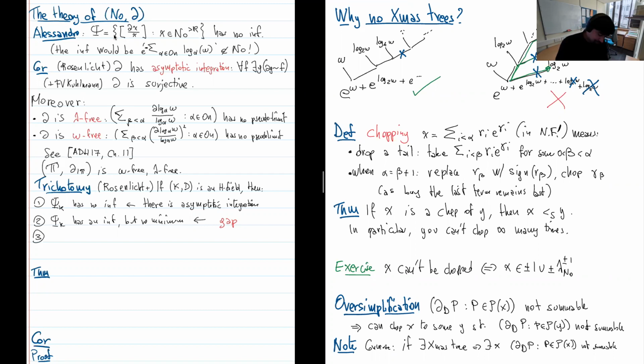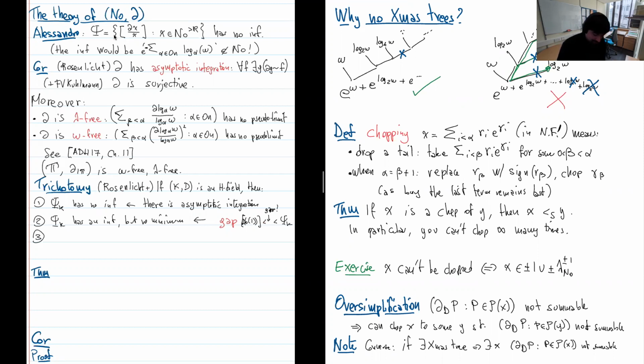It's smaller than psi, but greater than all the derivatives of all infinitesimals. So it's going to be between the classes of the derivatives of all infinitesimals and this psi of K. This would be the gap.